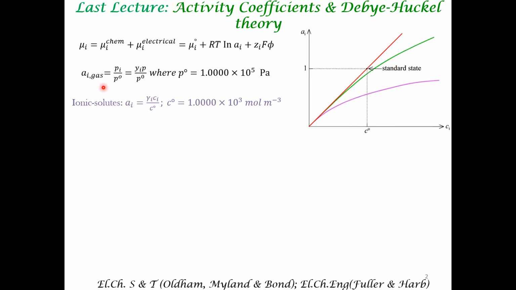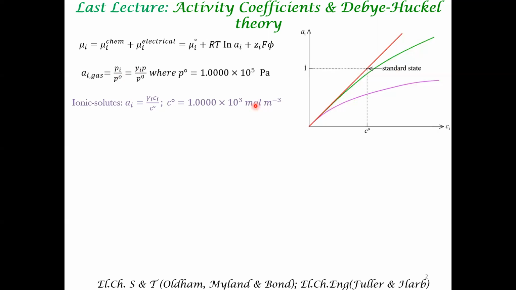So for an ionic solute in a solvent, the activity is defined in the following manner. The activity for a particular species i is the activity coefficient times Ci divided by C naught. C naught is a standard state given by this number. So why is there a deviation from the straight line?